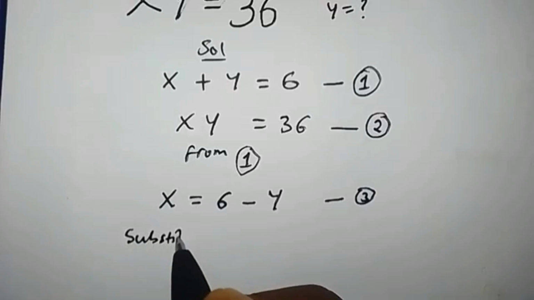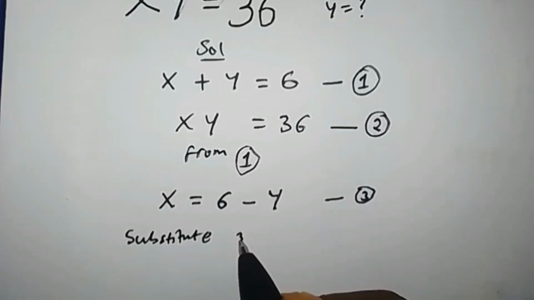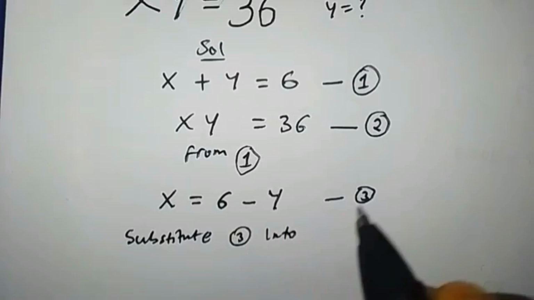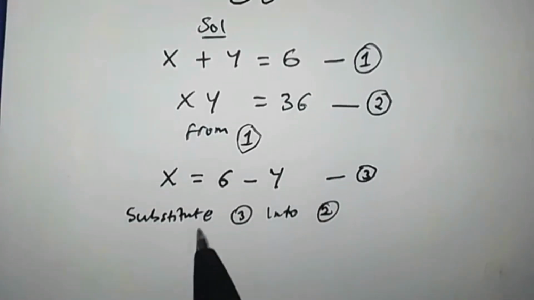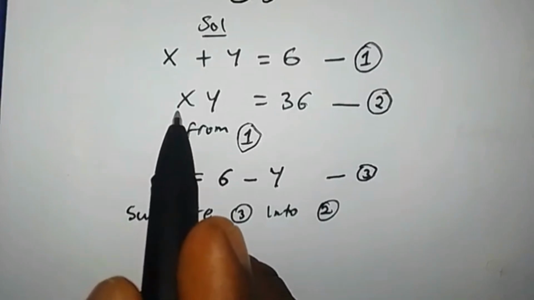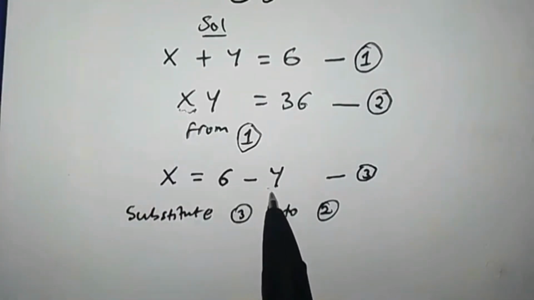What we have to do now is to substitute equation 3 into equation 2. That is, in place of x, we're going to write 6 minus y.